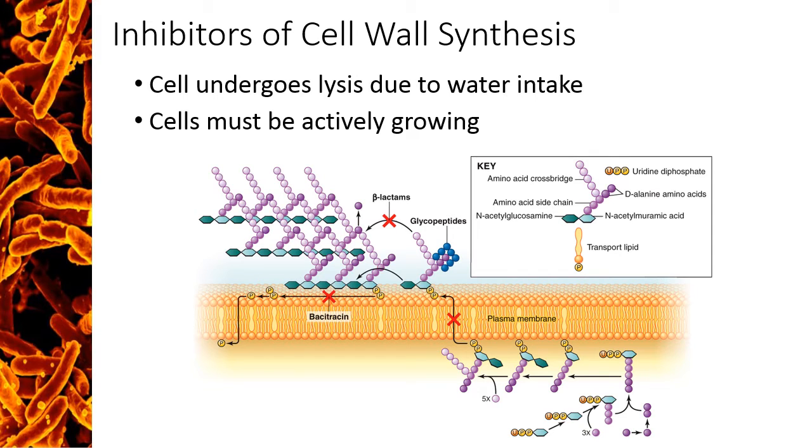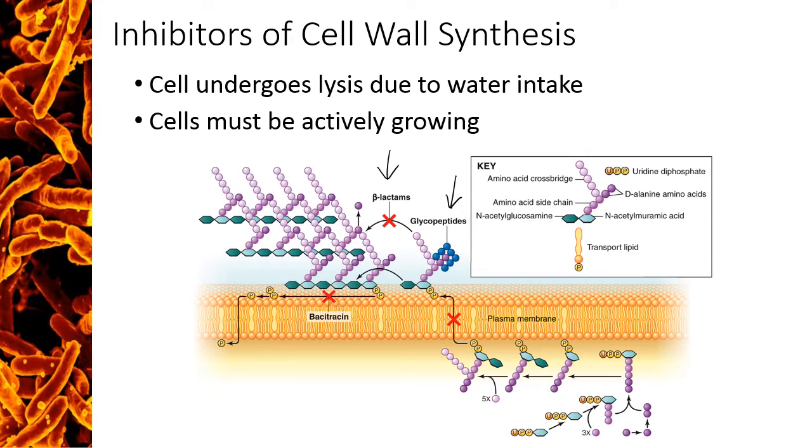However, the cells do have to be actively growing in order for these to function because they prevent the formation of peptidoglycan. They don't destroy peptidoglycan that is already there. The two common classifications of antibiotics that are cell wall inhibitors are the beta-lactam antibiotics, such as penicillin, methicillin, ampicillin, and the glycopeptides, the most common of which is vancomycin.